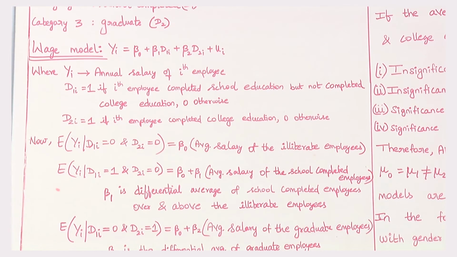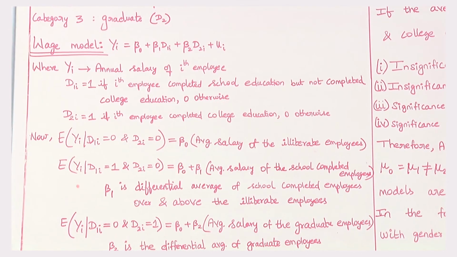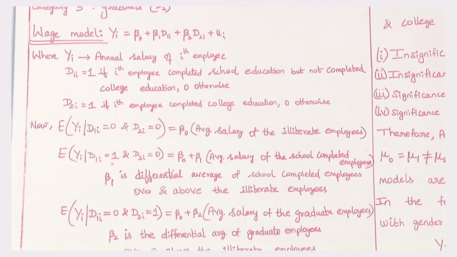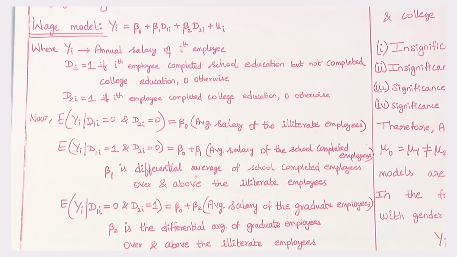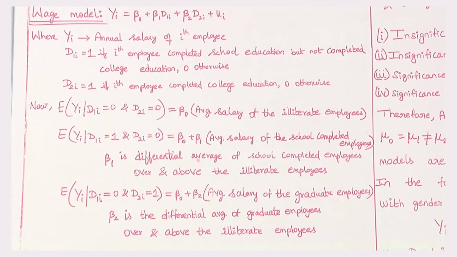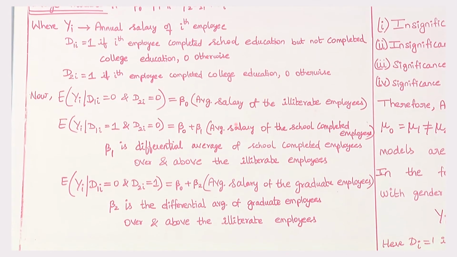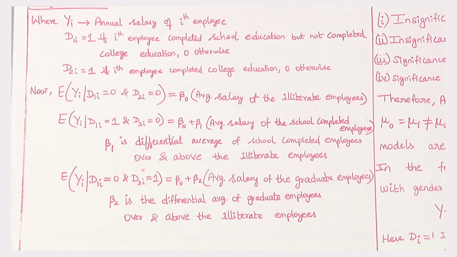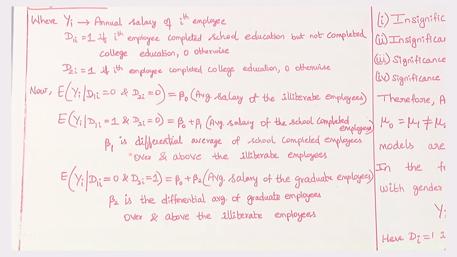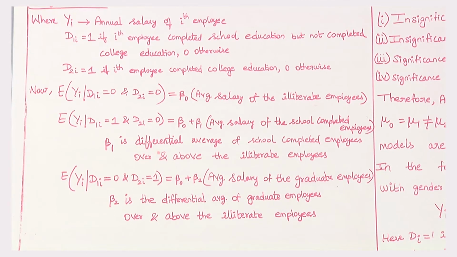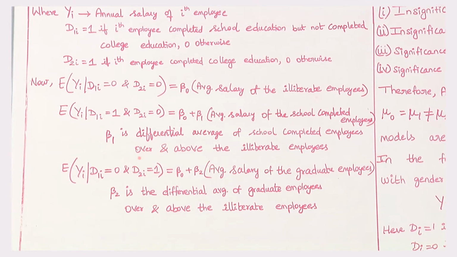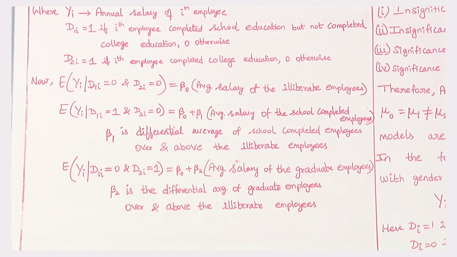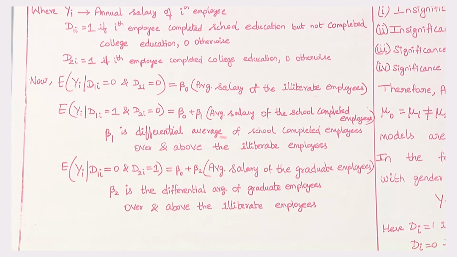Now, the conditional average of yi given d1i equal to 1 and d2i equal to 0 is nothing but beta 0 plus beta 1, that is the average salary of the school completed employees. Here beta 1 is the differential average of the school completed employees over and above the illiterate employees. This is the base category, the reference category.